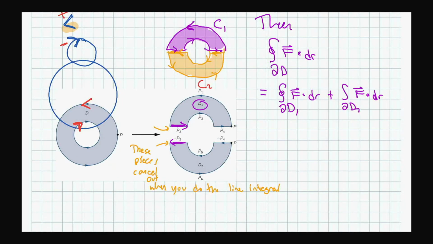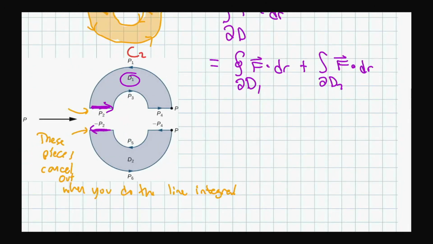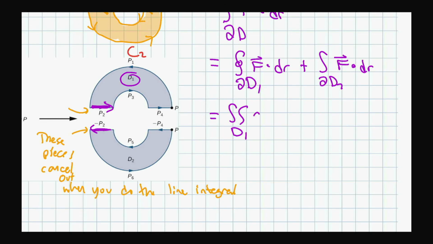And then once you have this, each of these can be done with Green's theorem, which would be the double integral over D1, which is the top shape, of Qx minus Py, that's just Green's theorem, dA, plus the double integral over D2, Qx minus Py dA.